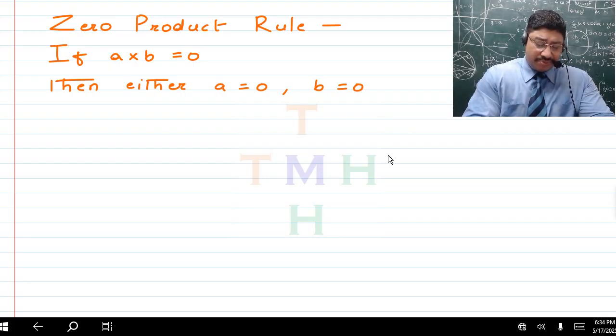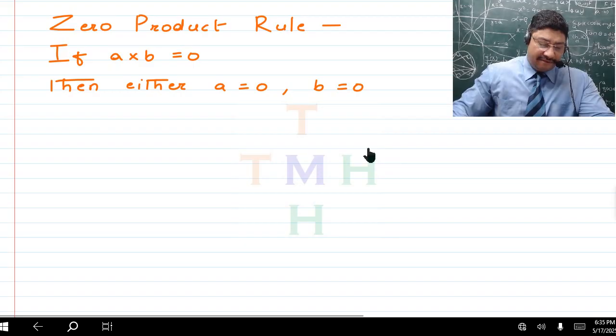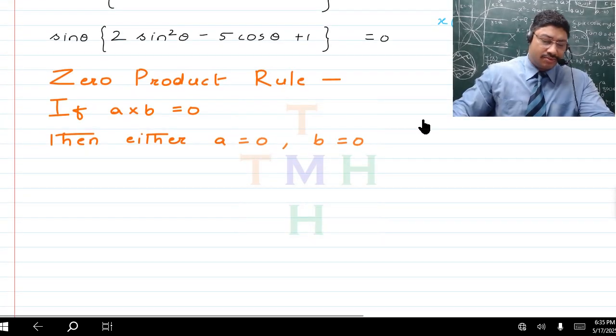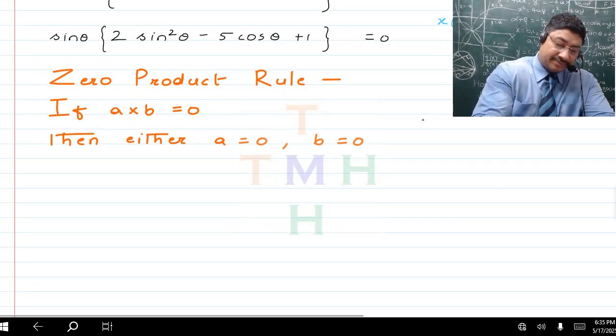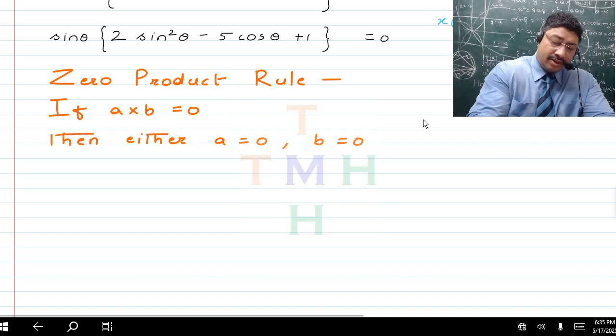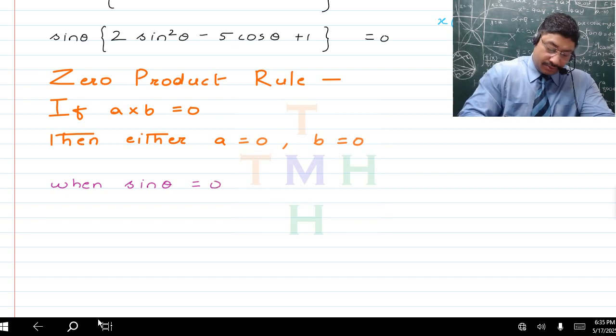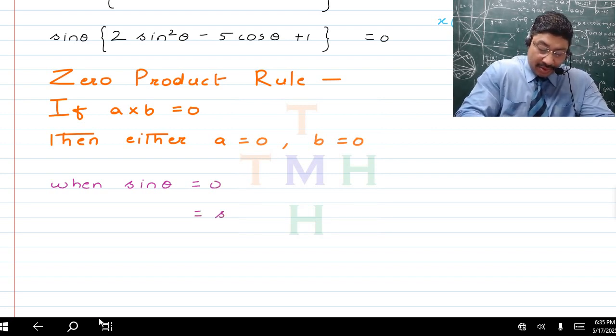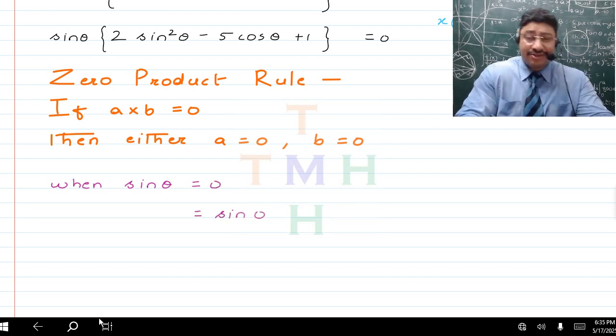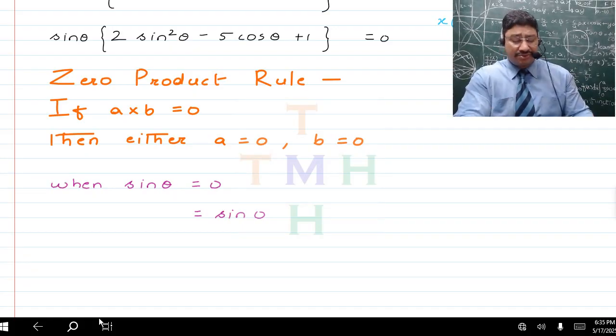As such, next we will put first sine theta equal to 0. When sine theta is equal to 0, we know that this is going to happen when we have angle 0, that is 0 radians or 0 degrees, whatever.